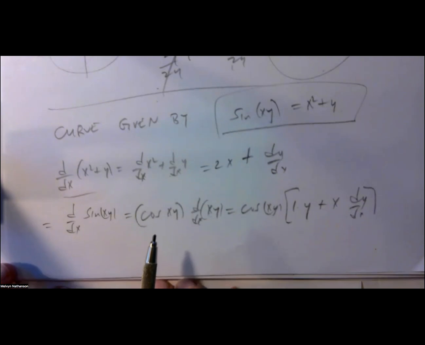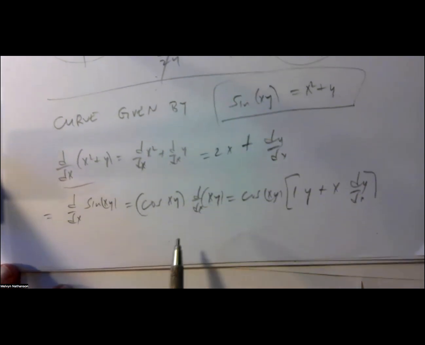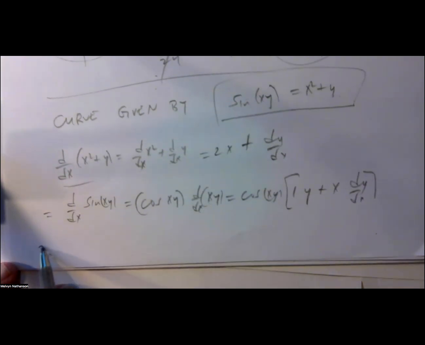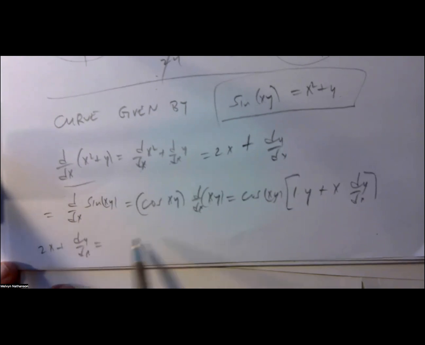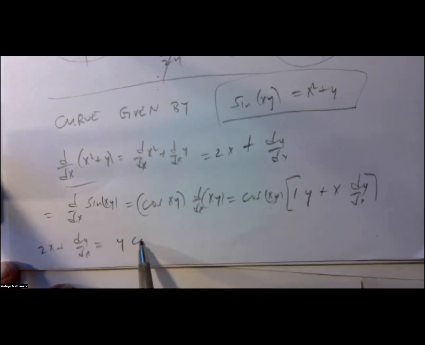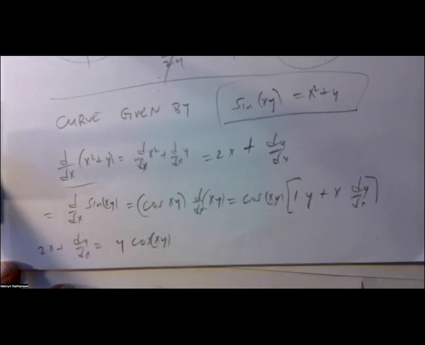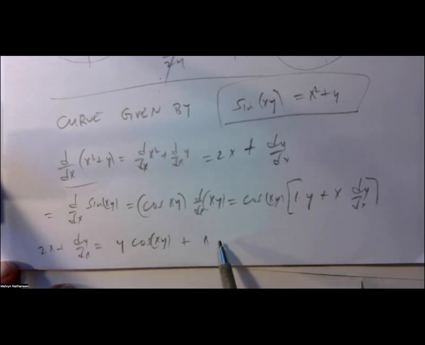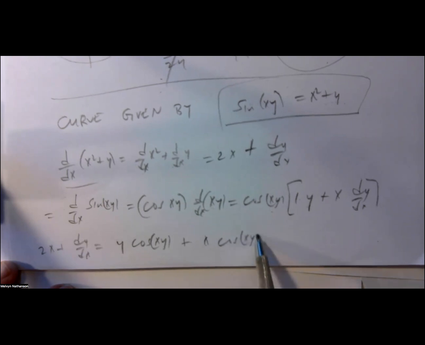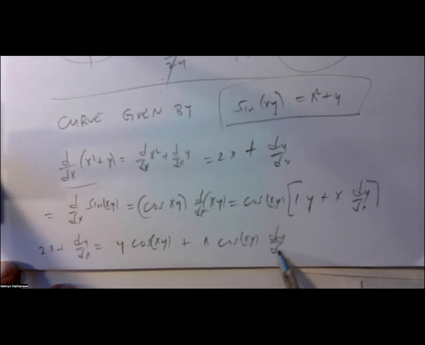So I actually have an equation. I can solve for dy dx. I have 2x plus dy dx equals this: cosine of xy times y, or y cosine xy, plus x cosine of xy dy dx.